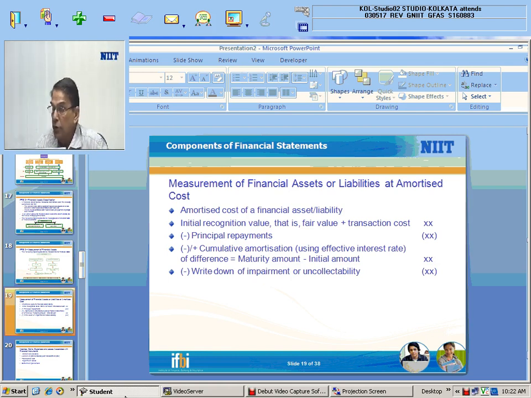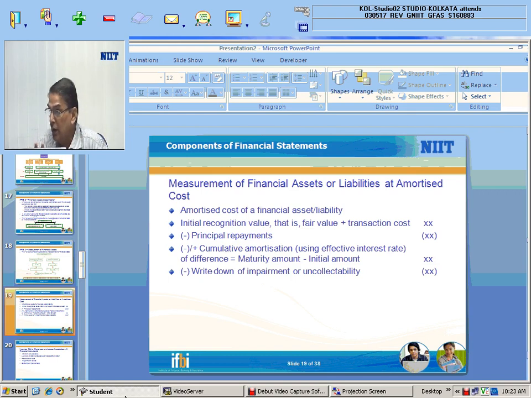So how the amortized cost of a financial asset or liability is calculated, we will see some examples. First we start with the initial recognition value, which is fair value plus transaction cost, from which you deduct the principal amortized. Amortized means basically how much has already been paid out.